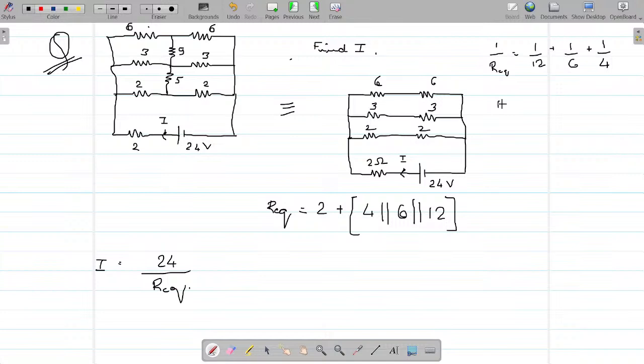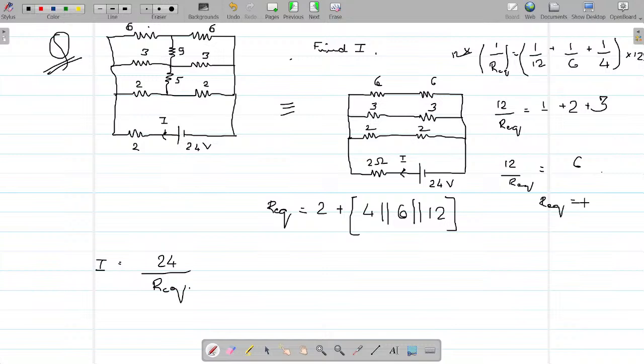Can I write 12 upon R equivalent is equal to 1 plus 2 plus 3? I am multiplying 12 on both sides, okay? So 12 by 6 is what? 2, is it? So can I write 12 upon R equivalent is equal to 6? R equivalent is equal to 2.